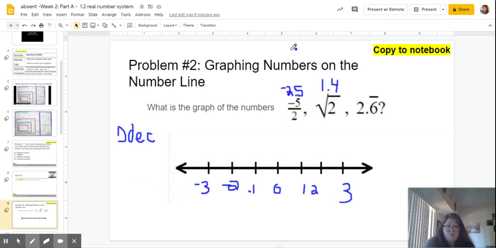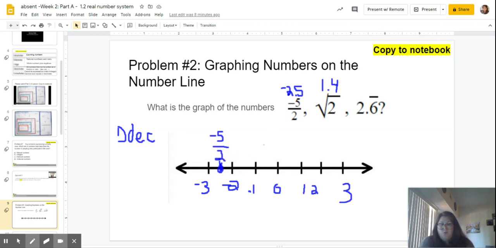The next step is we're going to drag and draw a circle where these numbers belong. So -5 over 2 is -2.5. If I look at my number line, -2.5 is between -2 and -3. So I'm going to draw a circle between them right here. And that's -5/2. I'm going to put the original number, not our modified one.